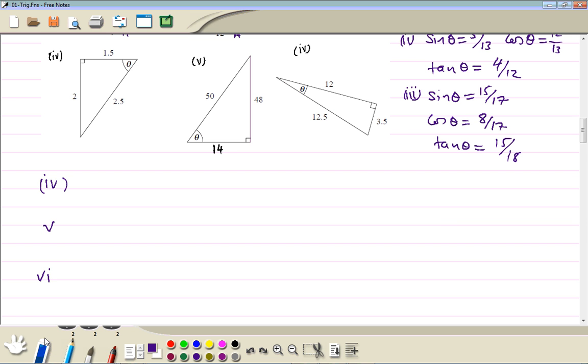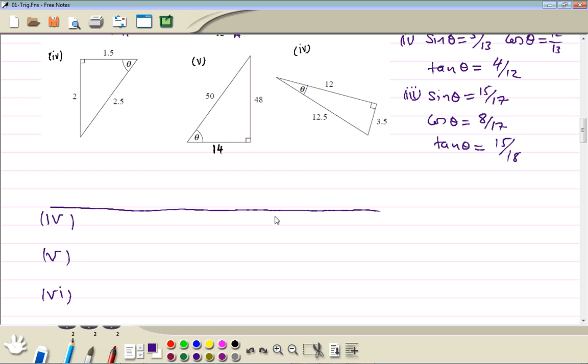If you write a little table right here for 4, 5 and 6, we just write the answers in a table with sine and cosine.